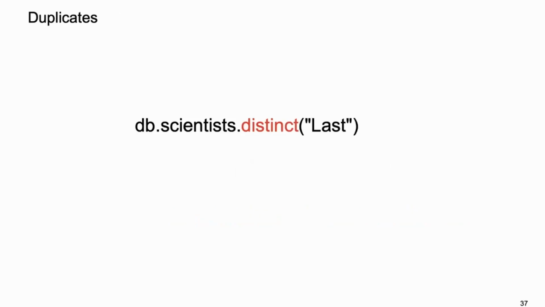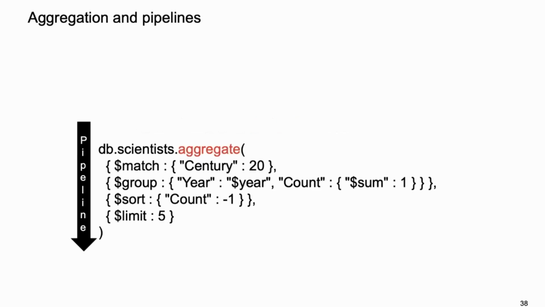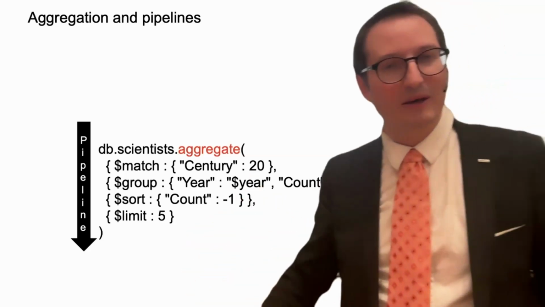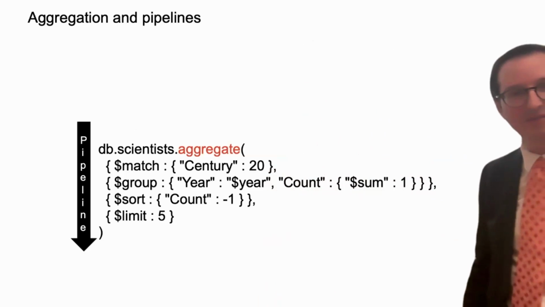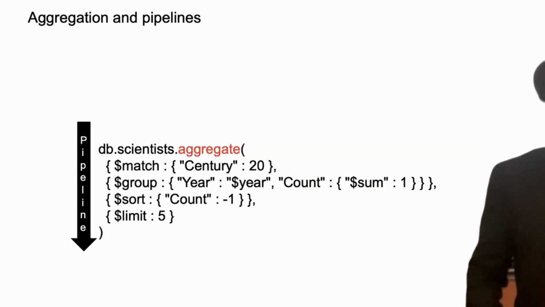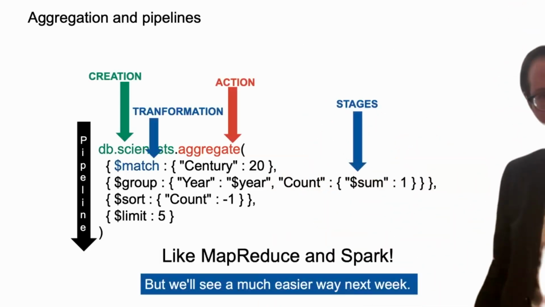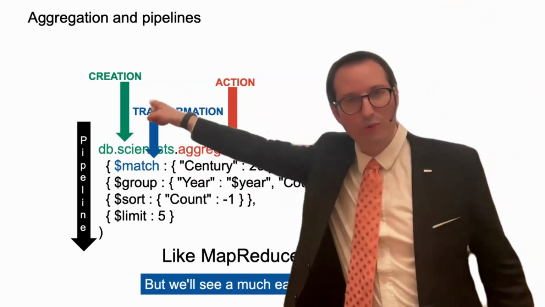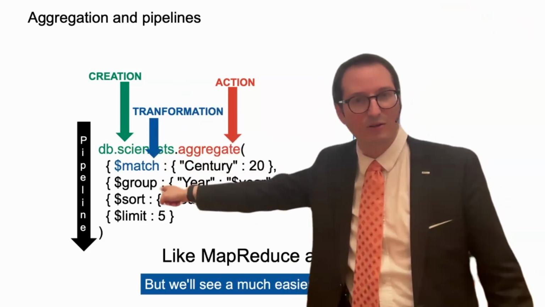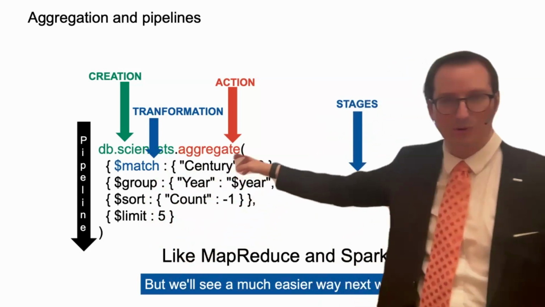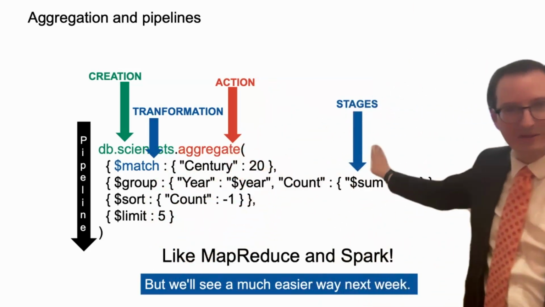Then you can use distinct in order to find all the distinct values of some field. What else do we have? We have the super powerful aggregate function. And I'm not even going to explain that because in fact, if you look at this, you will recognize basically a Spark series of transformations, right? It's like you have the creation, that is the collection, the transformation, filter, group, sort, and so on, and the action, the stages.